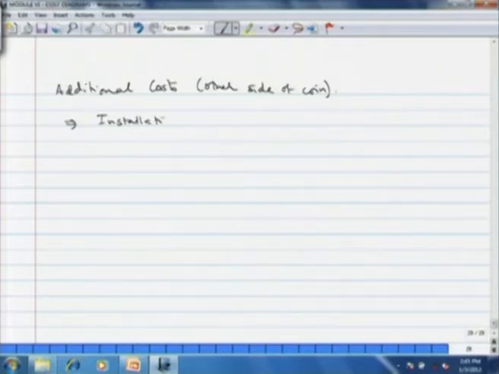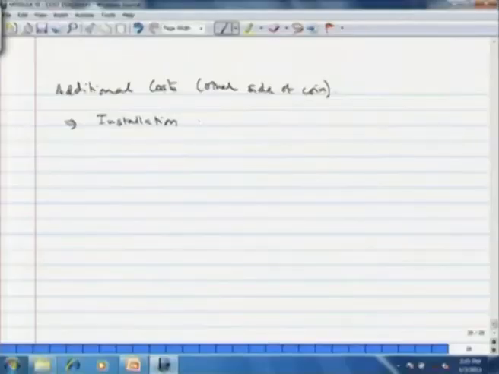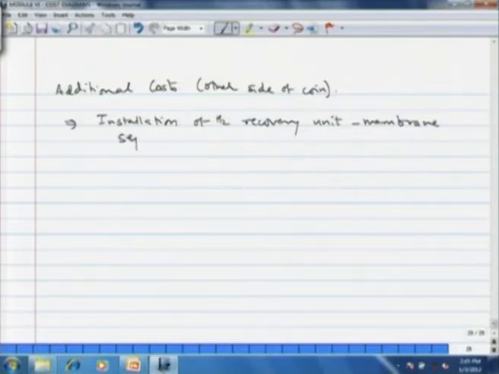But at the moment, we do not have any cost information on it. We do not have any cost correlation for such a membrane module. So we are unable to quantify it, but we list that particular cost qualitatively. Installation of hydrogen recovery unit, membrane separator, capital cost as well as operating cost.